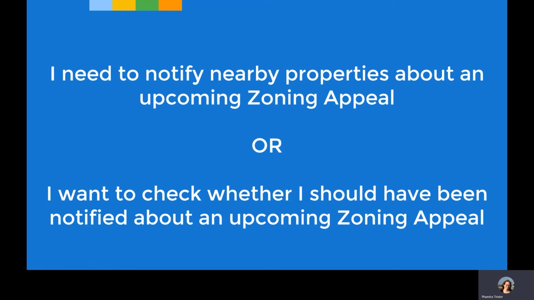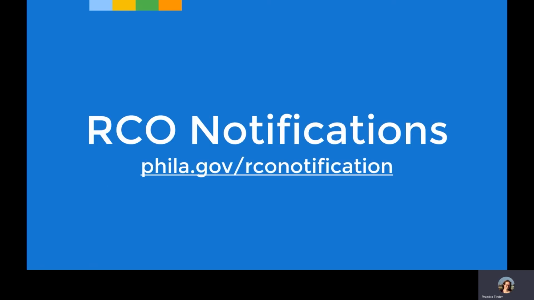So let's say, I just mentioned potentially needing to give notice. If you specifically need to notify nearby properties about an upcoming zoning appeal, or let's say you know of a property that has an upcoming zoning appeal and you never got notice about it, and you want to see whether you really should have gotten notice about it, whether you were located in the area where they're required to give notice, you can use this website, which is called the RCO Notifications website.